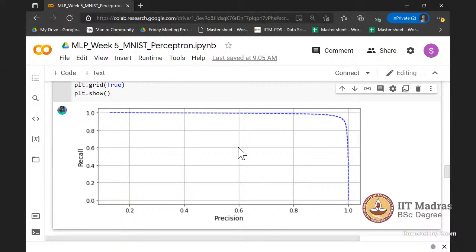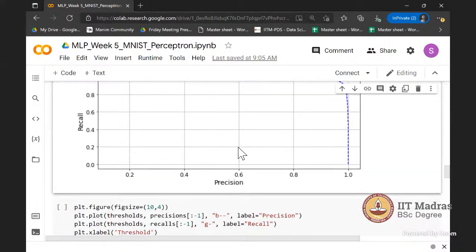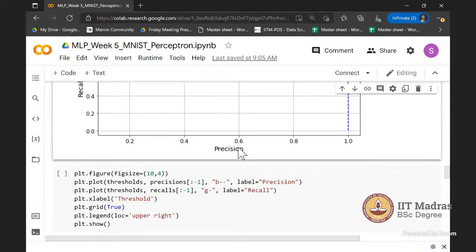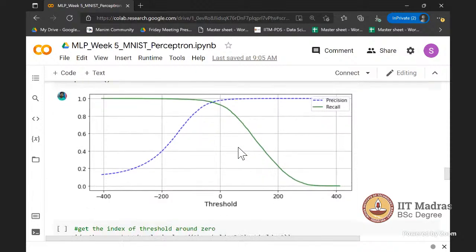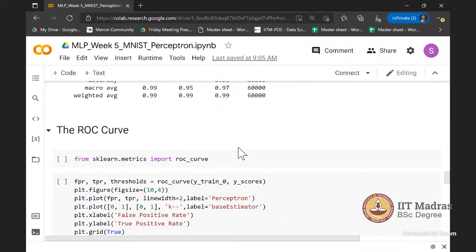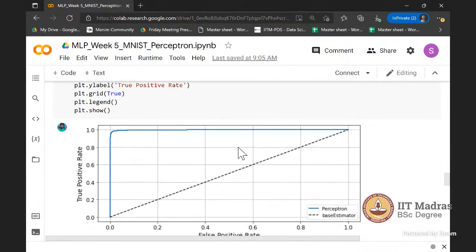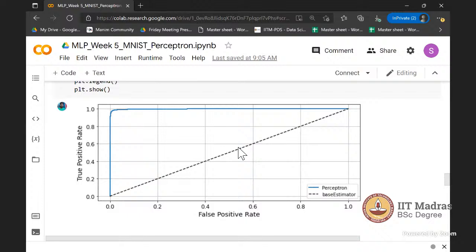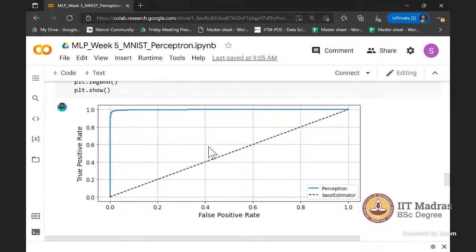Yes. I think you should be able to guess now how to construct this chart also.